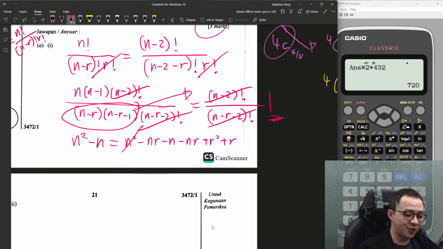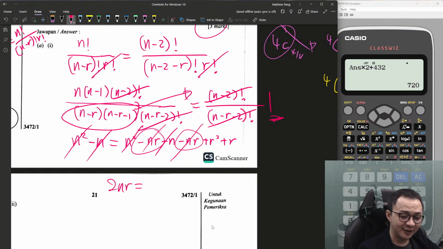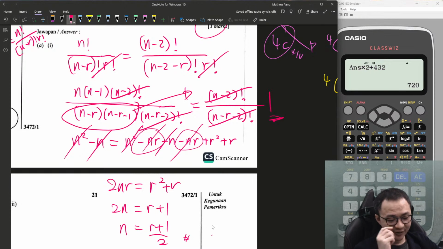Okay, n squared and n squared I cut, minus n and minus n I cut. I have minus nr minus nr, minus 2nr, move to the other side, positive 2nr, equals to r squared plus r. Then I divide r for the whole equation, I get r plus 1, n equals to r plus 1 over 2. Done.